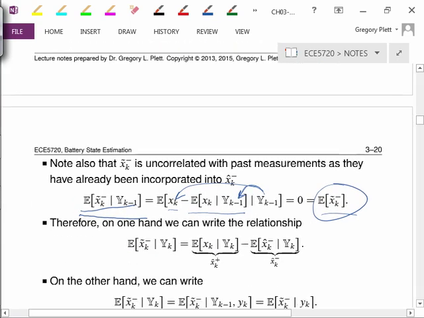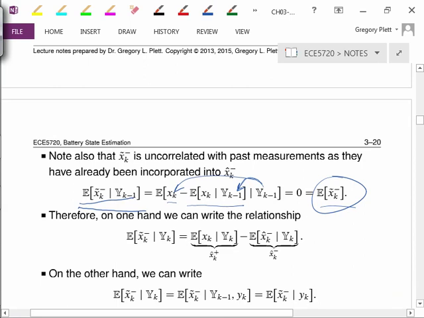So on one hand, we can rearrange the expression and write that the expected value of x tilde minus given all measurements up to and including time k is the expected value of xk given yk minus the expected value of x minus given yk.